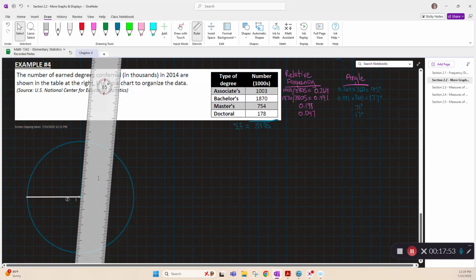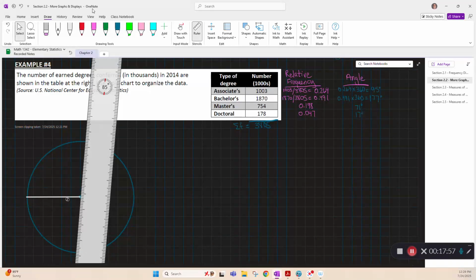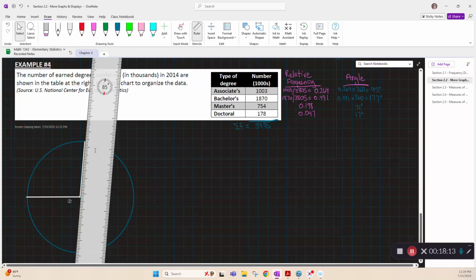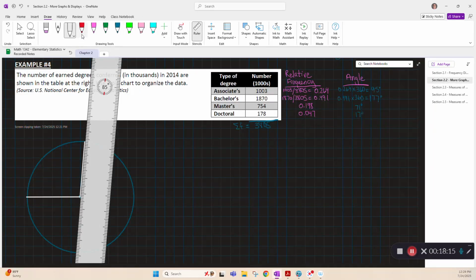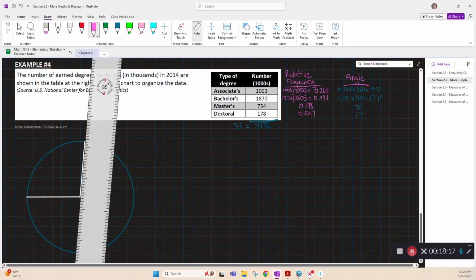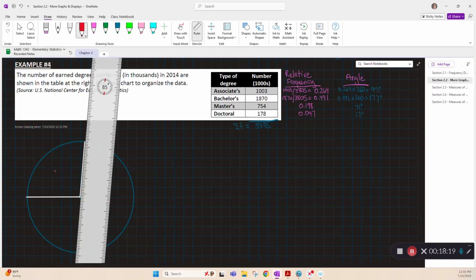But anyways, I'm going to line it up here, and that'll help me draw my line. I can draw it along this ruler, or at least attempt to. And you can see it's just past that upright. There we go. So there's that one. This is associate's degrees. So I'm going to label it and say associates.